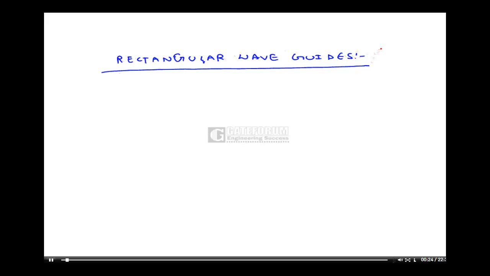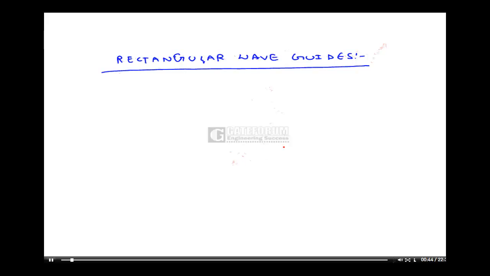Actually, there are different types of waveguides: cylindrical waveguides, rectangular waveguides. The basic waveguide is a rectangular waveguide. So a rectangular waveguide looks like this.